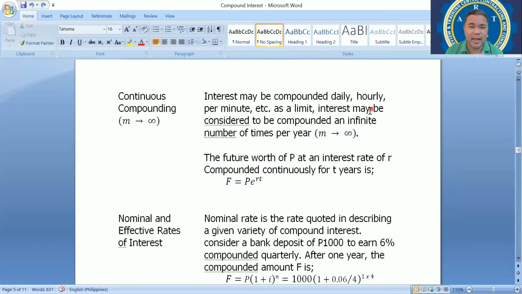Interest may be compounded daily, hourly, per minute, etc. As a limit, interest may be considered to be compounded an infinite number of times per year, so there is no specific period, not monthly or quarterly. The future worth of the principal P at an interest rate R compounded continuously for T years is only this formula: F equals P e^(RT).